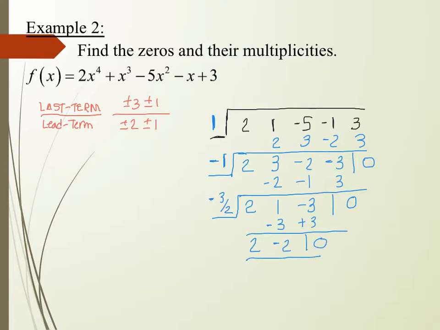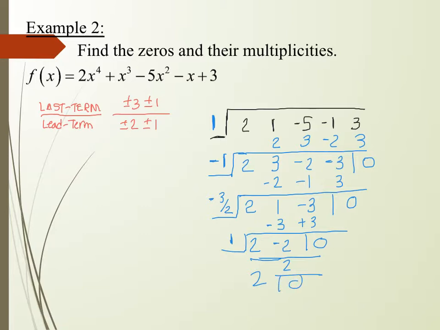And now I see that it's just 1, right? Because when I bring down the 2, or actually the 1 goes up here. Sorry, I made a mistake here. So I have a 2, and now I'll have a 2 here, and it gives me a 0.